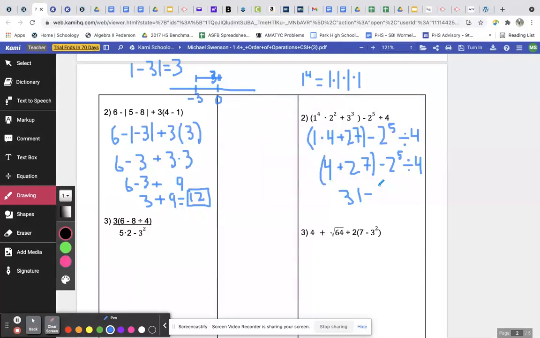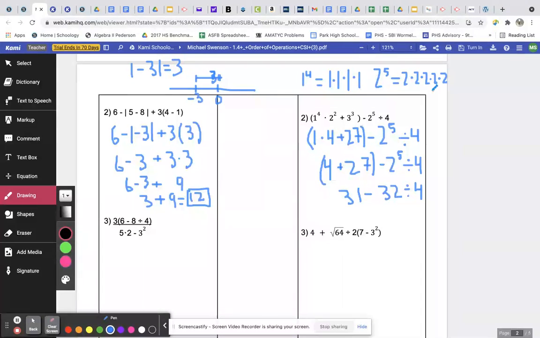2 to the 5th is 2 times 2, 5 times, which is 32. So don't be afraid to write out 2 to the 5th. Writing it out is 2 times 2 times 2 times 2 times 2.